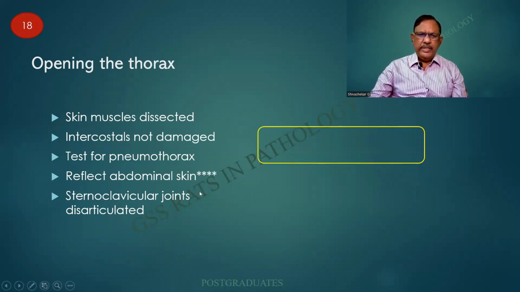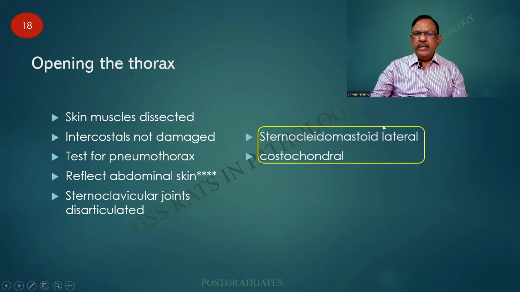You reflect the abdominal skin also. Sometimes the sternoclavicular joints are disarticulated. The rest of them are left as it is. There is another mode of incision. It starts from the lateral portion of the sternocleidomastoid. Sternocleidomastoid, you find it goes up to the mastoid region.